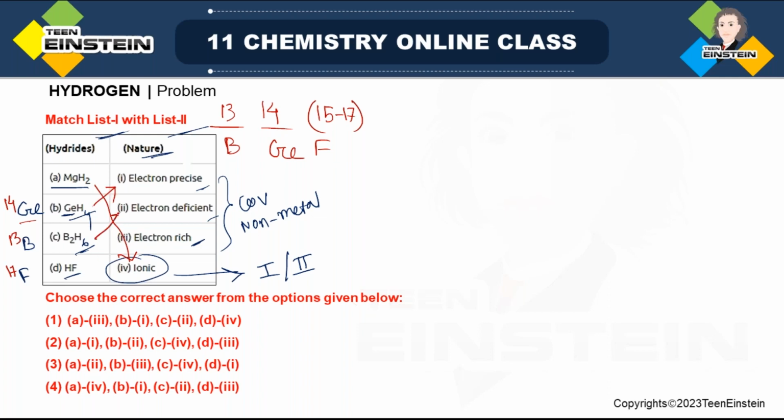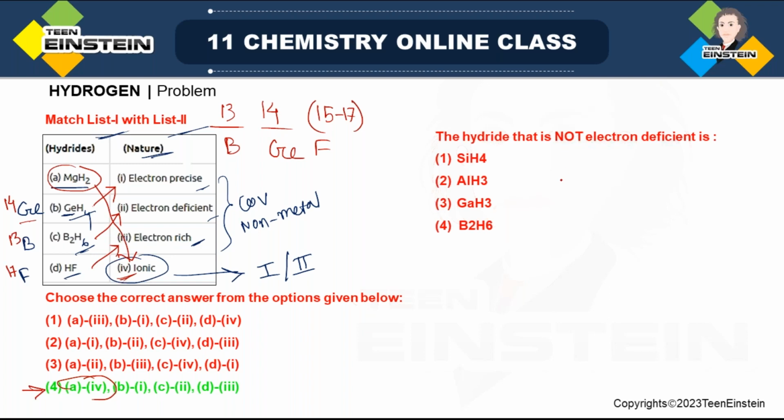B2H6 should be deficient, because it is group 13, and HF is electron rich. That means 1, 2 and 3. Now it matches option 4, but even if you do not consider B, C and D, just MgH2 matching with 4 is enough to choose the last option, because only in the last option is A matching with 4. So in this way, even if you are confused about the other 3, you can answer this question. So this is the correct option.